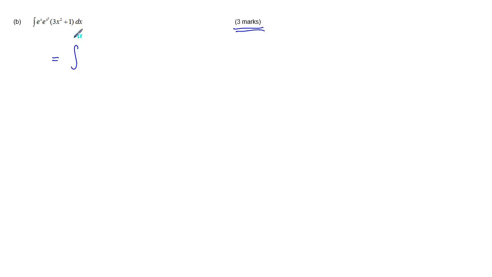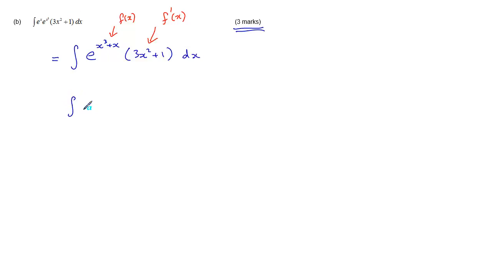So using index laws, this is e to the x cubed plus x. Then note that this is f dashed x if this one is f of x. And I mean there just the x cubed plus x.